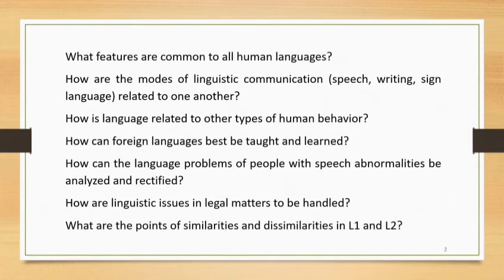To name just a few, like stammering, lisping, or some are dumb, which is also one of the speech abnormalities. So there can be a number of speech abnormalities. How can these abnormalities be analyzed and rectified? How are linguistic issues in legal matters to be handled?